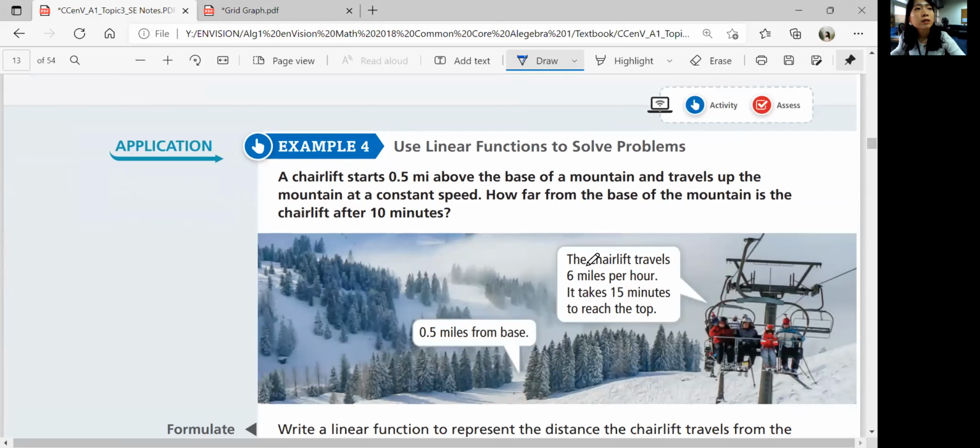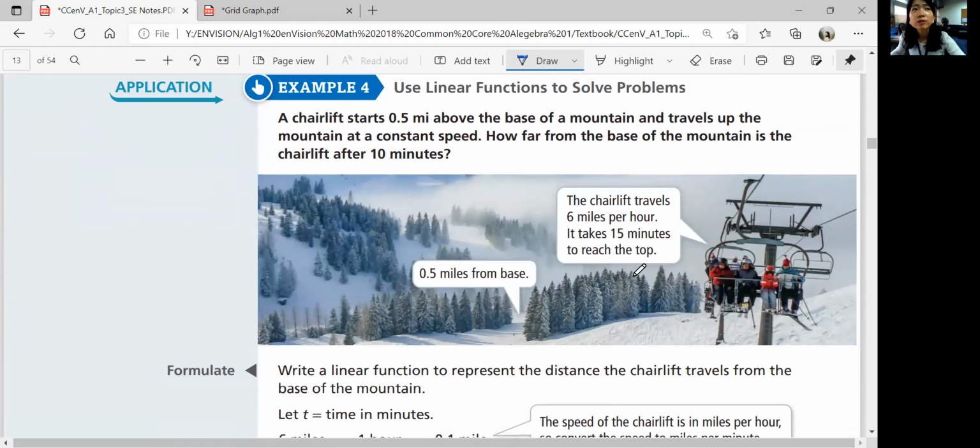All right, going to the next example. Example 4, use linear functions to solve problems. A chairlift starts 0.5 miles above the base of a mountain and travels up the mountain at a constant speed. How far from the base of the mountain is the chairlift after 10 minutes?